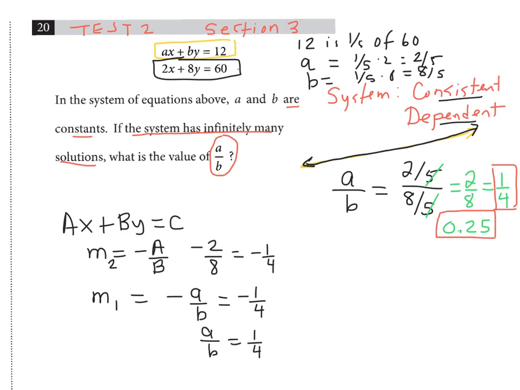And I think this is going to be easier than trying to find out what is a, what is b, and then go back and divide a by b and do all the calculations. So this way you could tell right away that the ratio of a to b is going to be 1 to 4, because we know that the slope is negative a over b. So this is a handy dandy formula to find the slope for any line.